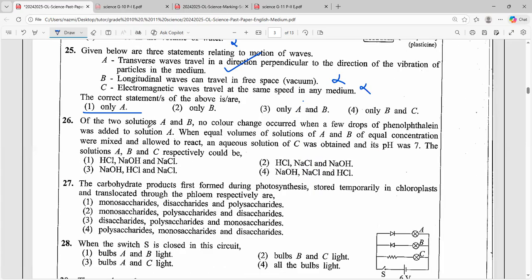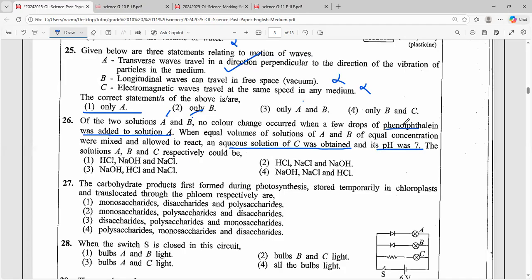26. Of the two solutions A and B, no color change occurred when a few drops of phenolphthalein was added to a solution. When equal volumes of solution A and B of equal concentration were mixed and allowed to react, an aqueous solution of C was obtained and its pH was 7. The A, B, C could be respectively. Now of the two solutions A and B, no color change occurred when you put phenolphthalein.